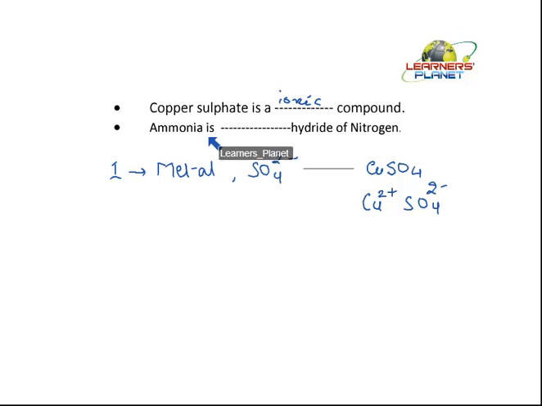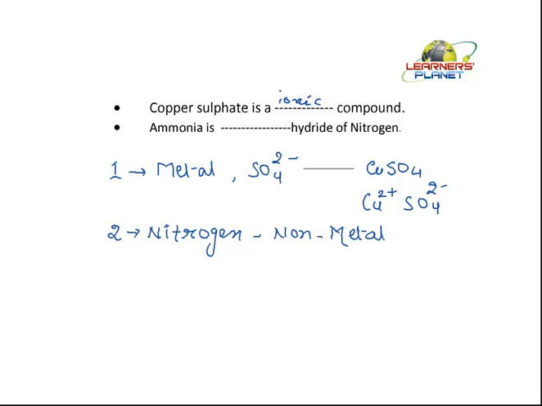Now our next question is, ammonia is dash hydride of nitrogen. Now in this case, I have told you that hydrides are formed by what? By highly electropositive metals, or by more electropositive metals like sodium, calcium, which can give electrons to hydrogen. But in this case, it is a hydride of nitrogen. So what is nitrogen? Nitrogen is a non-metal.